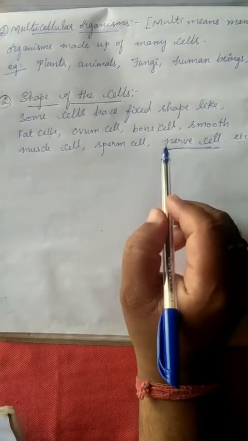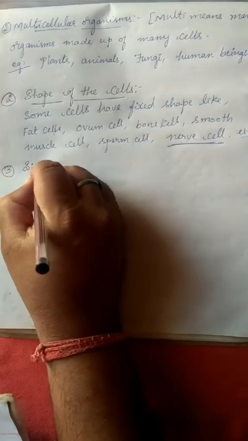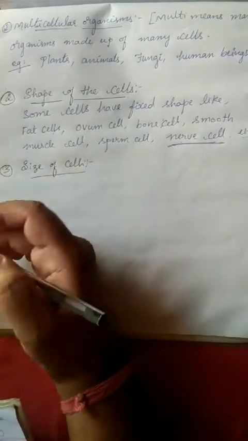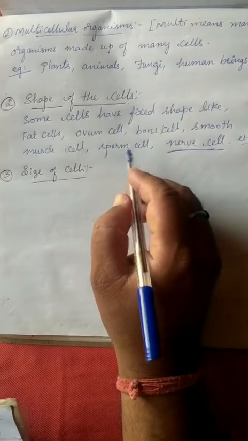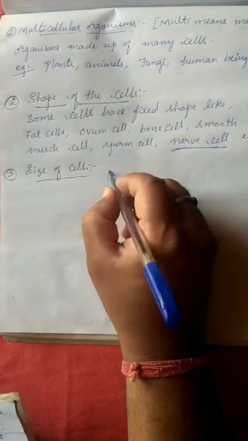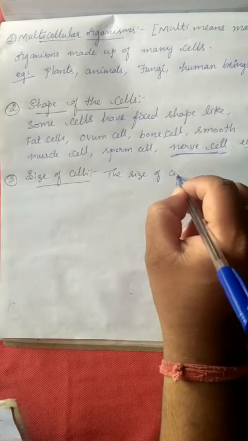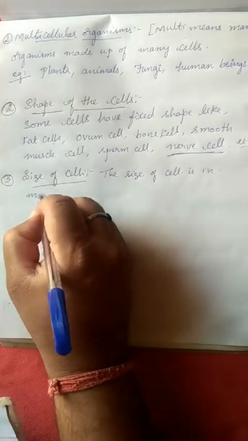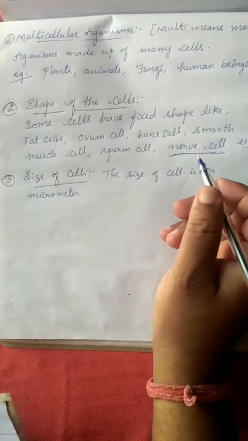Okay, next we go to the size of cells. The size of the cell is very minute, so it is measured in micrometers.